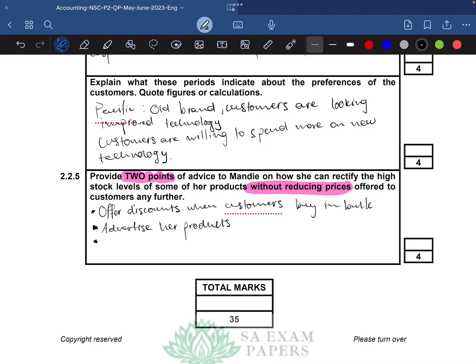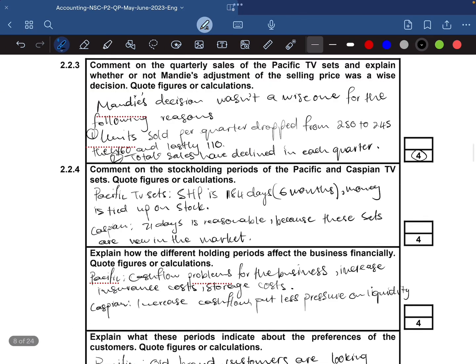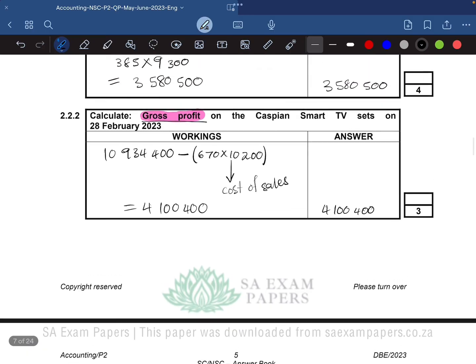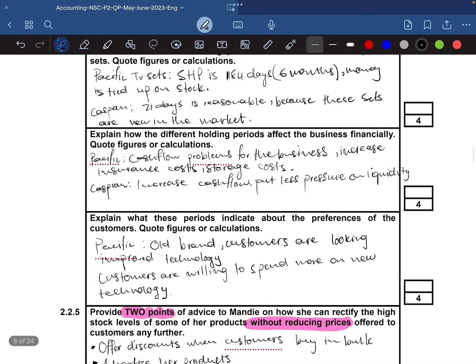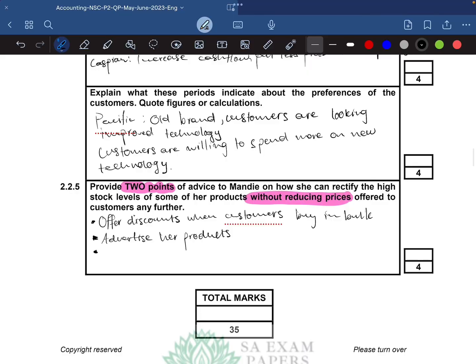Because TVs could be offered in installments, she could require customers to pay in installments.